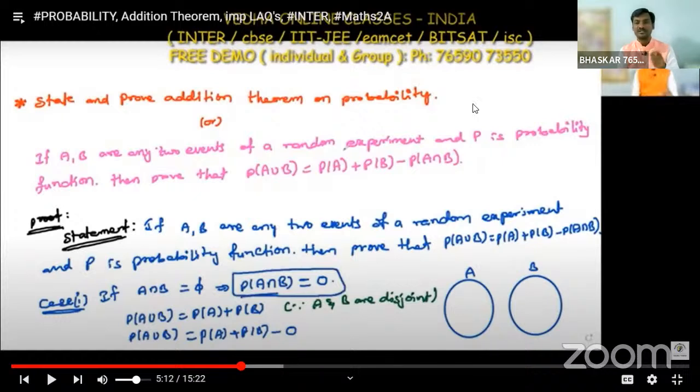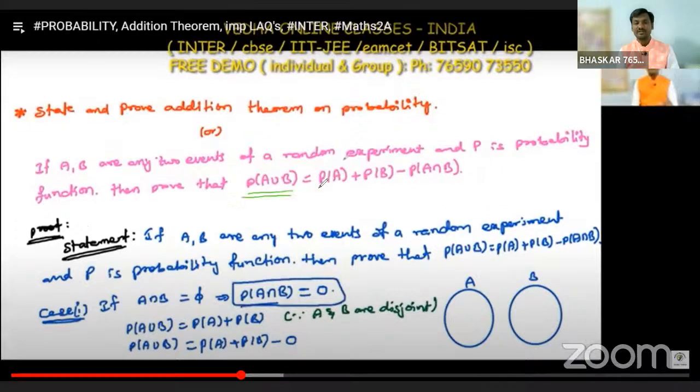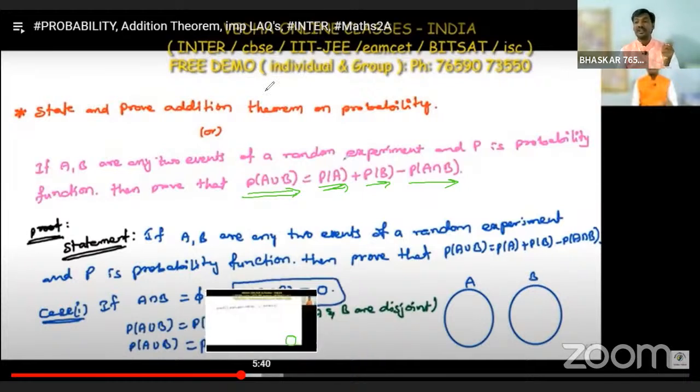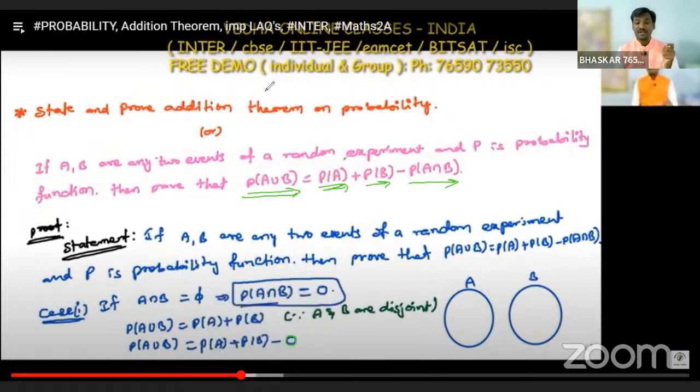Check it once here. What we have to prove? Probability of A union B is equal to probability of A plus probability of B minus probability of A intersection B. We are simply writing 0, and in place of 0 writing the probability of A intersection B. So this is the required proof.